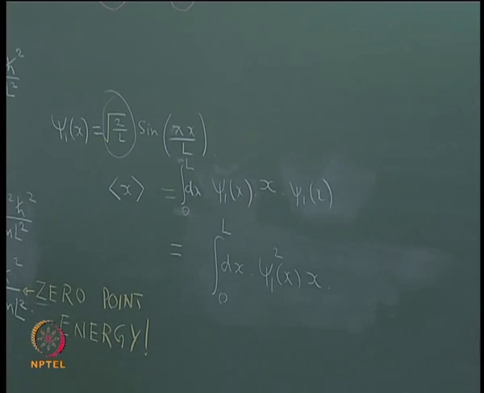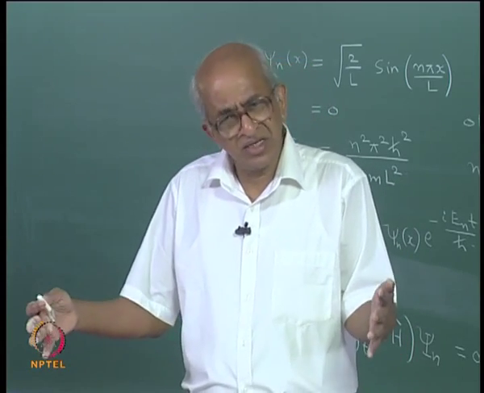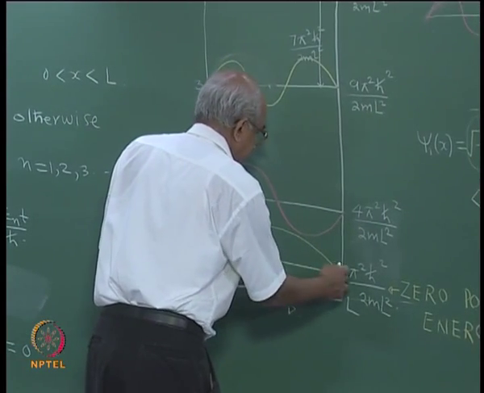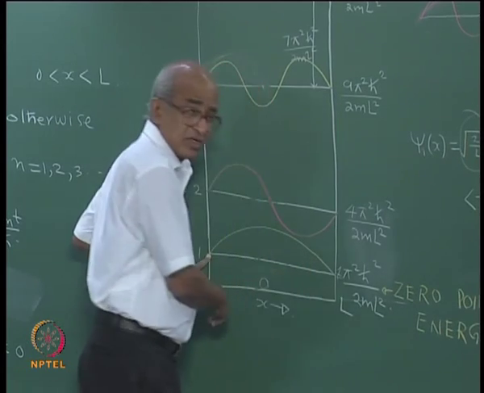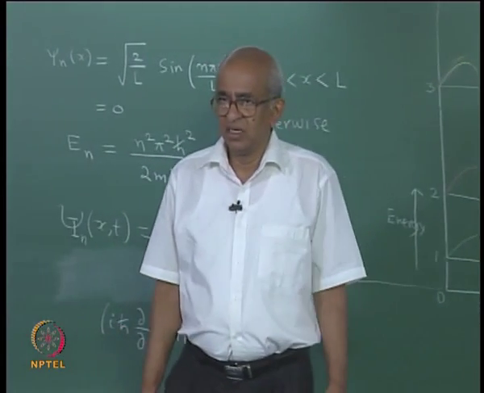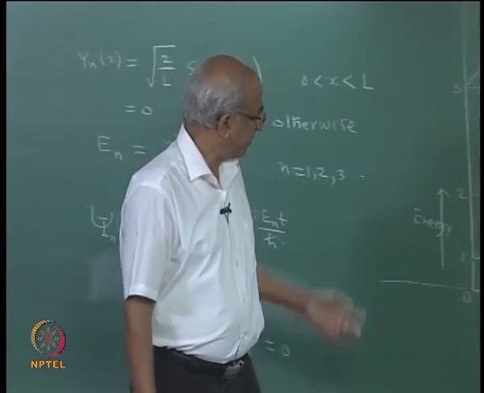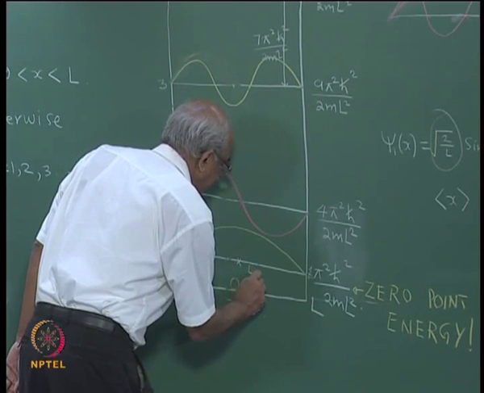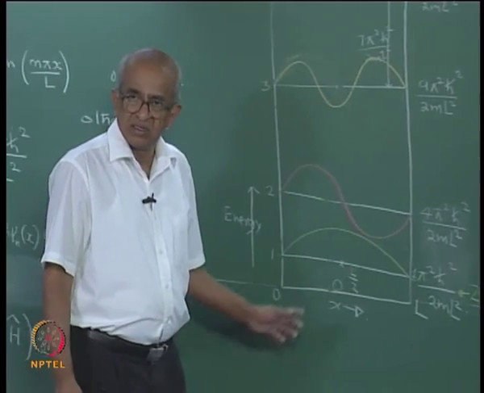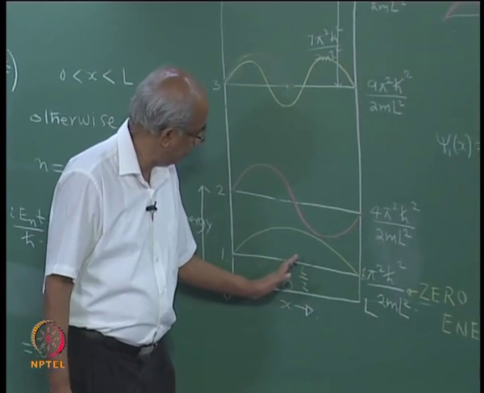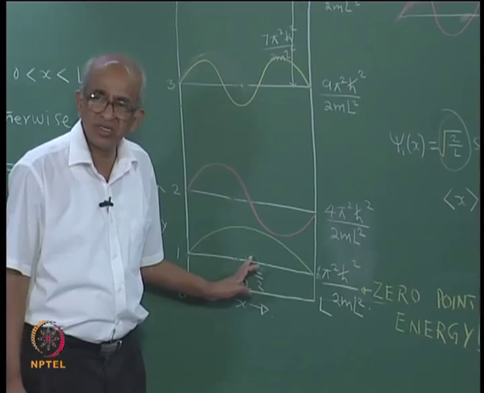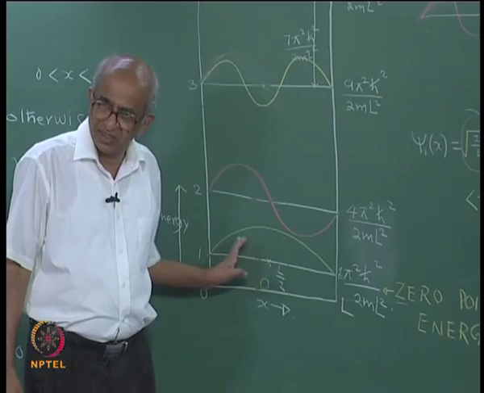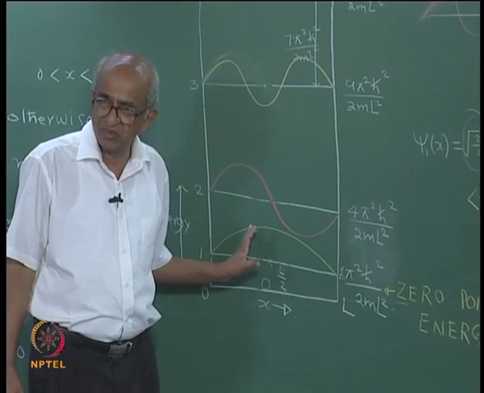I can of course calculate this, I will do that, but let us just think about the problem physically. I have a particle which I know is somewhere between x equal to 0 and x equal to L. And if I look at the most probable position, which is this point L by 2, the wave function is symmetric about that point, and even the square of the wave function is symmetric about that point.